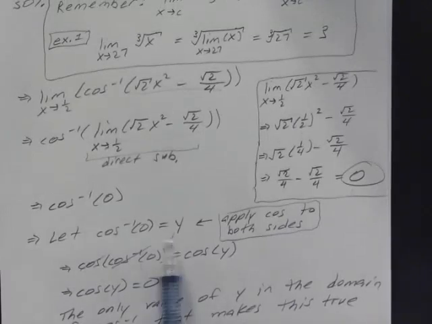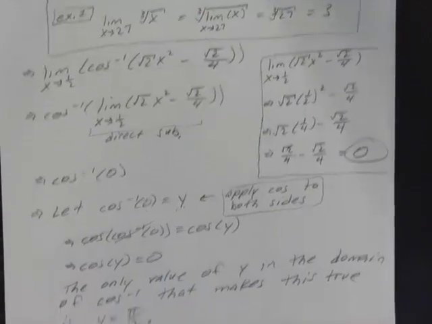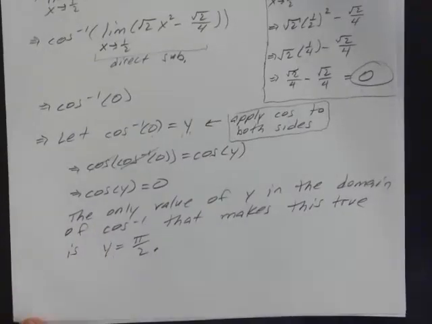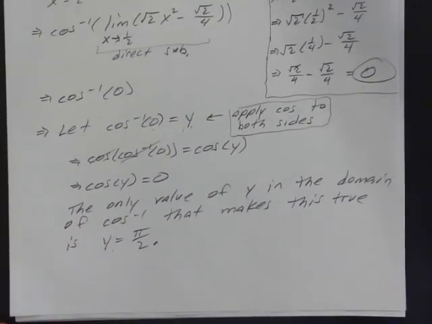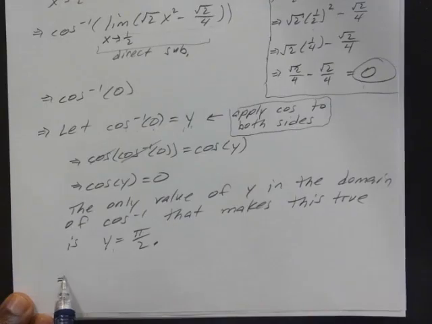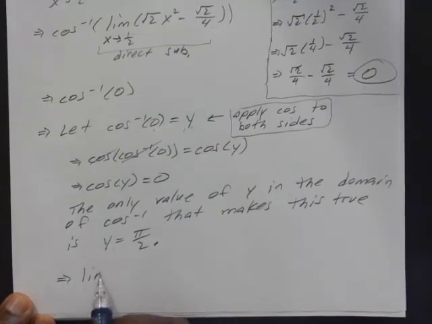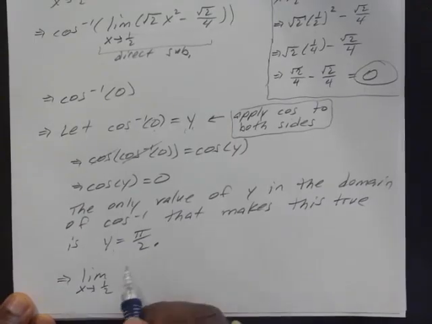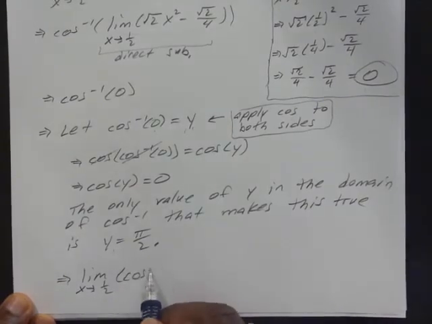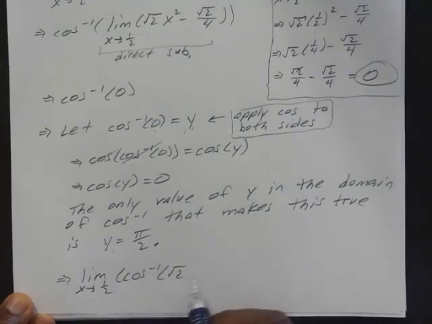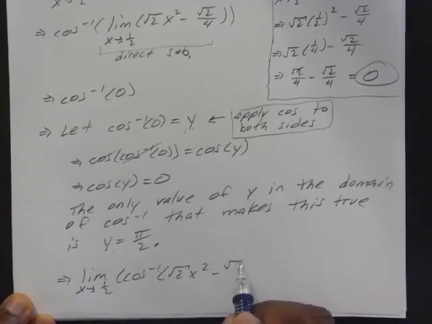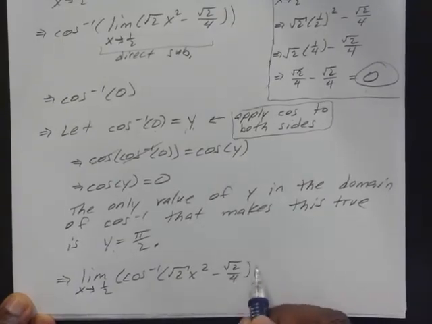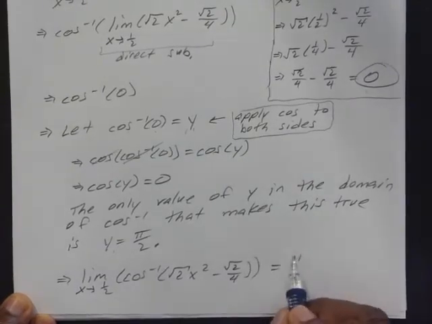And we know that that y is, here it is, cosine inverse of 0 is equal to that y. So that tells us that the limit as x approaches 1/2 of cosine inverse of square root of 2 times x squared minus square root of 2 over 4 is equal to pi over 2.